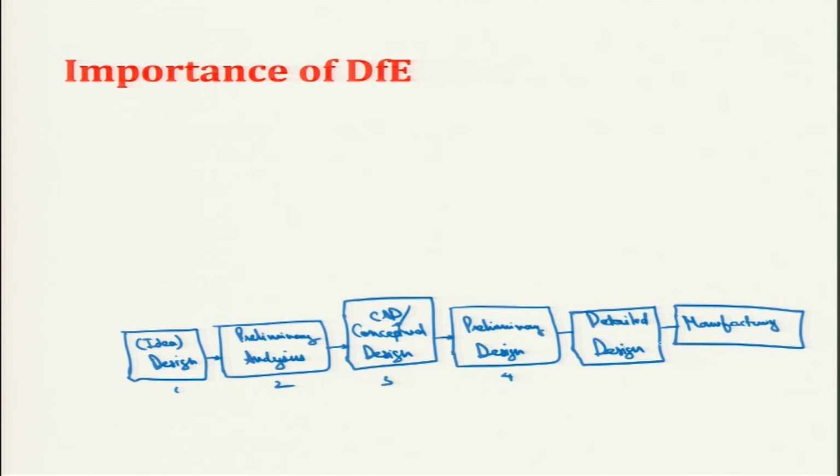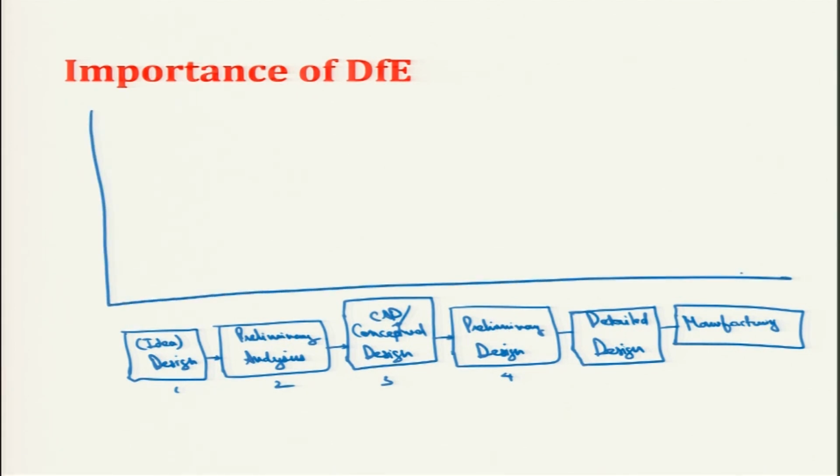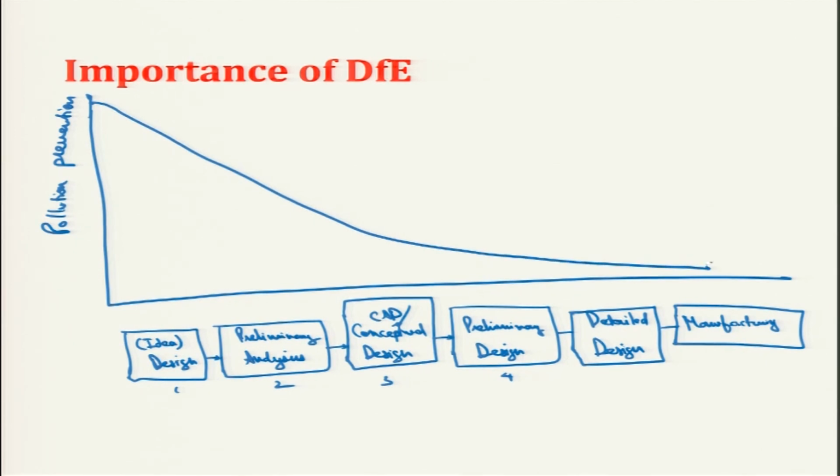Here, design for manufacturing has to work like value engineering, as we discussed; it has to start from the very beginning. This is pollution prevention. Pollution prevention is maximum if we conduct DFE here, and it is minimum if we conduct DFE here. So design for environment is considering the environmental impacts in the design stage itself.